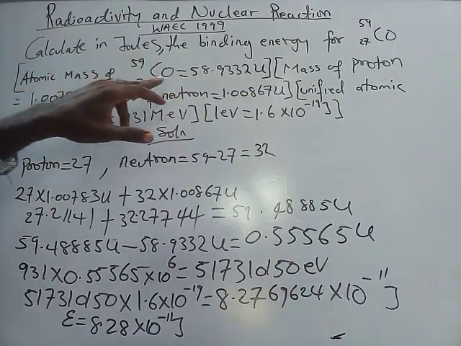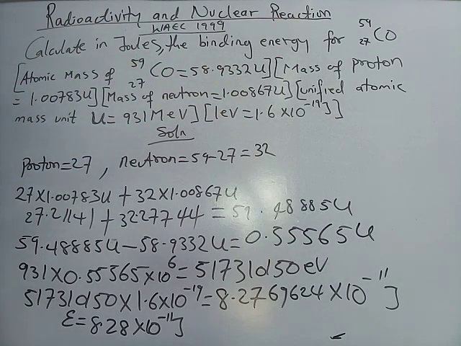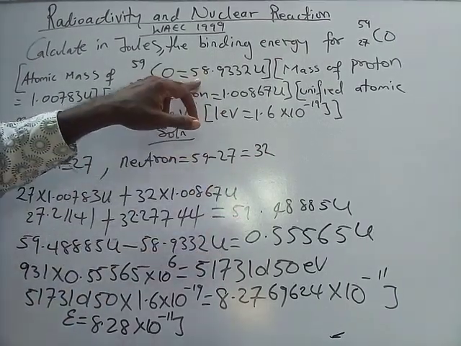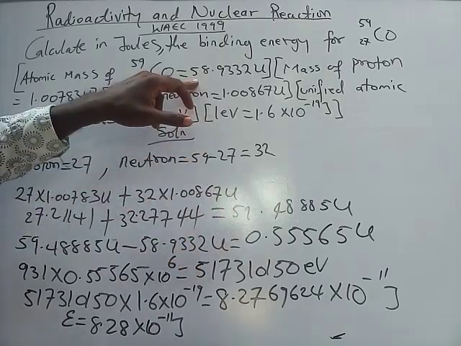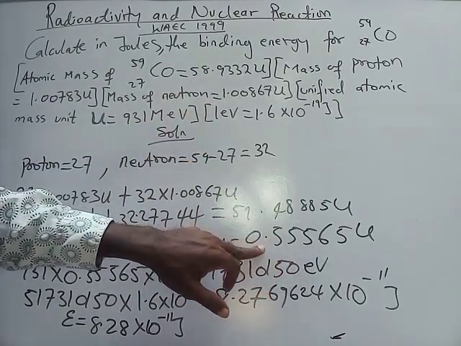We have been told that cobalt has a mass of this, and as I said before, in calculating binding energy we look at the difference between the mass of the reactant and the mass of the product. The mass of this is higher than this, so we subtract, and by the time you subtract, you get this. This is the mass we are working with here.